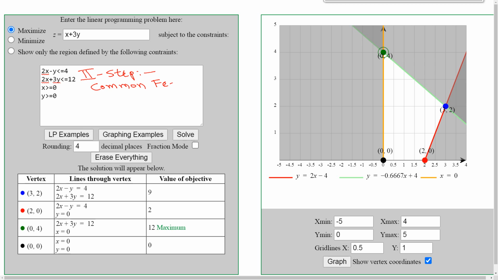First of all, note that non-negativity constraints assure that the solution of any linear programming problem will always be in the first quadrant. So our shaded region will always be in the first quadrant only.